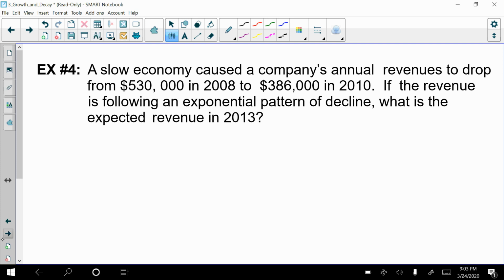So in this case, I'm going to take our equation that says y is equal to c times e to the kt power, not RT. And I'm going to make y, I'm going to call that R for revenue. So I'm going to say R of t is equal to c times e to the kt power.